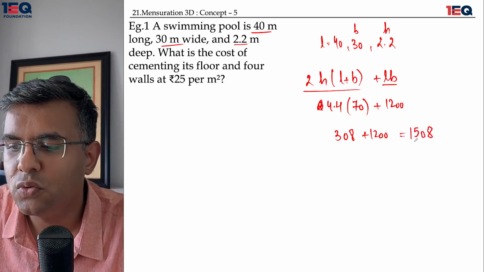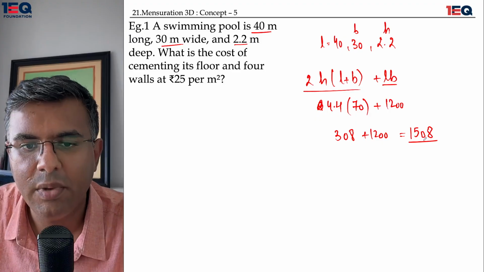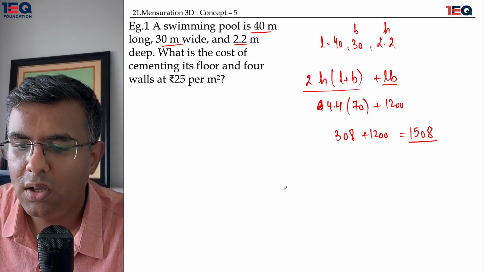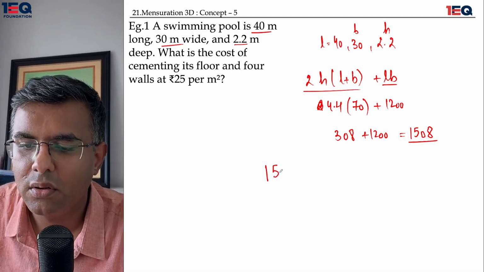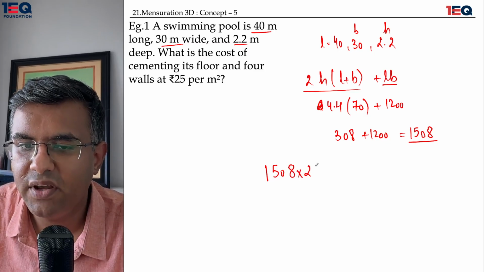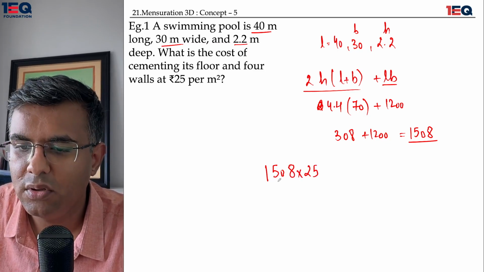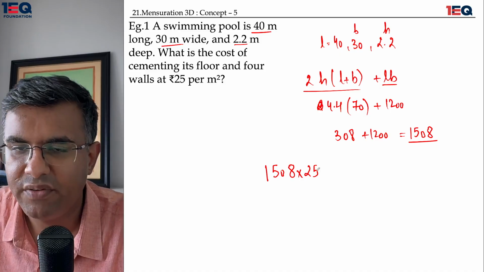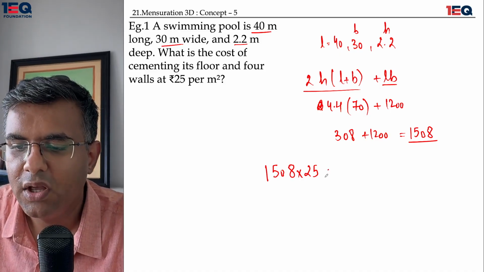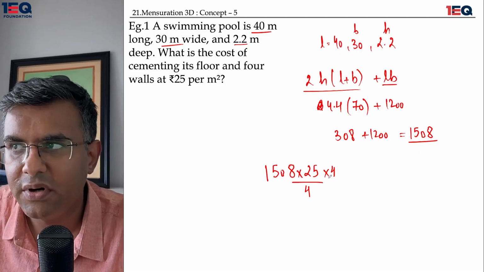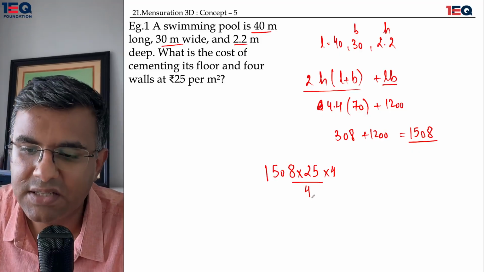So 1508 meters square is the area which we are looking at. 1508 has to be multiplied by 25 to find out the total cost. If I multiply it by 4 and also divide it by 4, the 25 into 4 would convert itself into 100. That is easier for me.